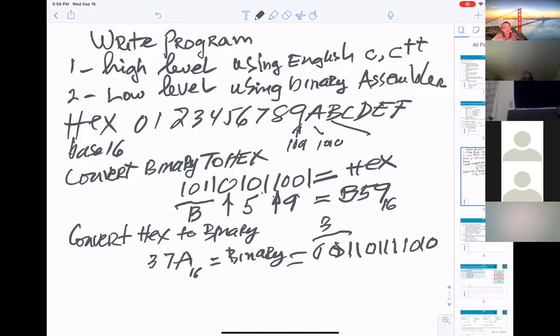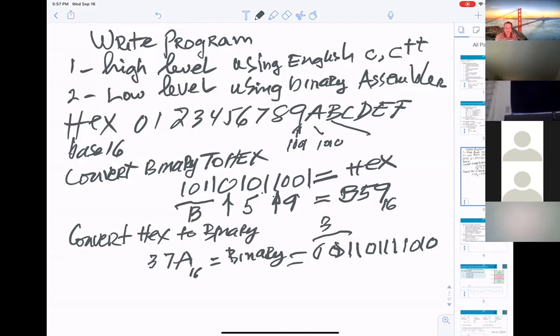So they can use the hex to write the program in the low level. Instead, they would have to use binary. The keyboard will convert it. You type number 7 in the software, and it will tell you that is equivalent to 0, 1, 1, 1.